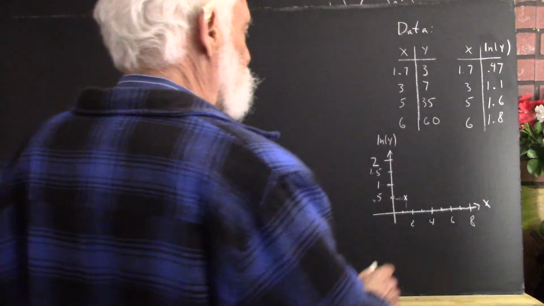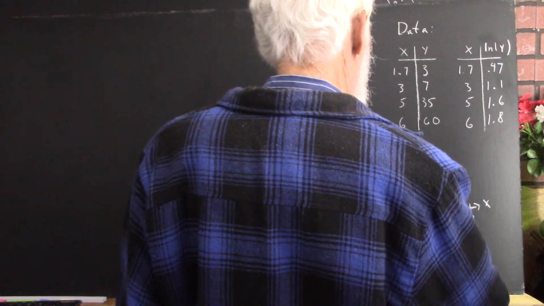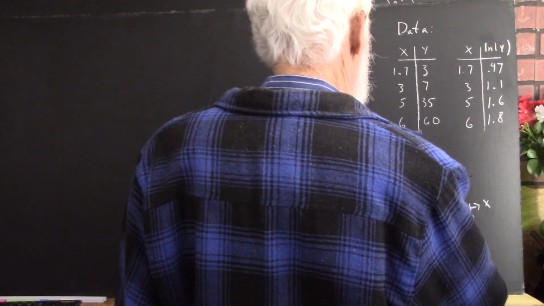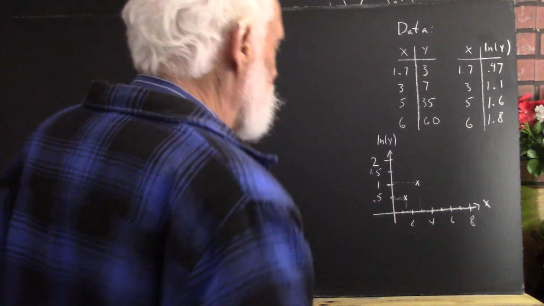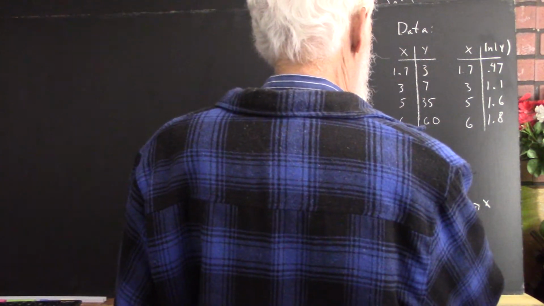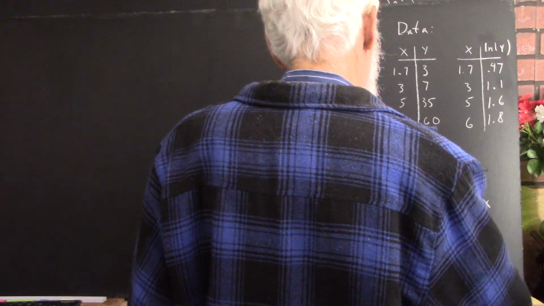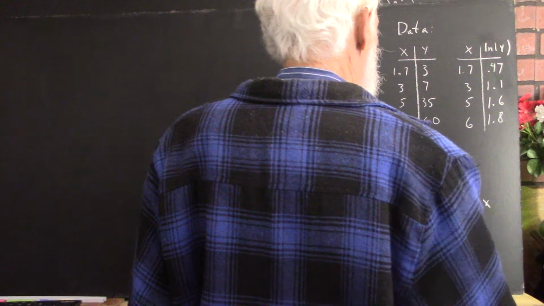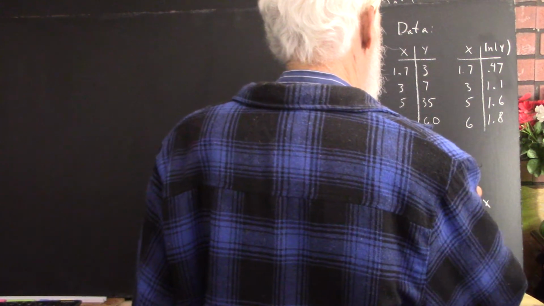Then I come out to 3 and I get about 1.1. So 1.1 would be about here, 3 is here, so here's another point. Okay. Come out to 5 and I find that I have 1.6. And then I come out to 6 and I find I've got 1.8.